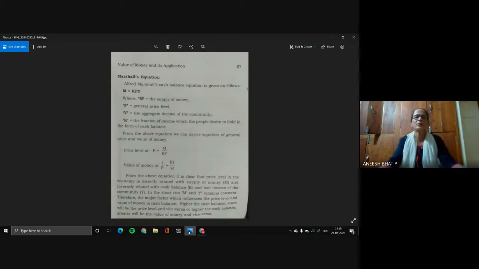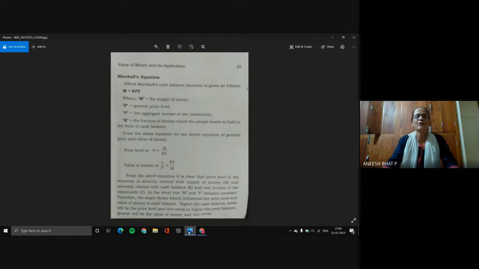Alfred Marshall's cash balance equation runs like M = KPY. What does this stand for? M obviously implies the supply of money, the money supply in an economy. P stands for the general price level.